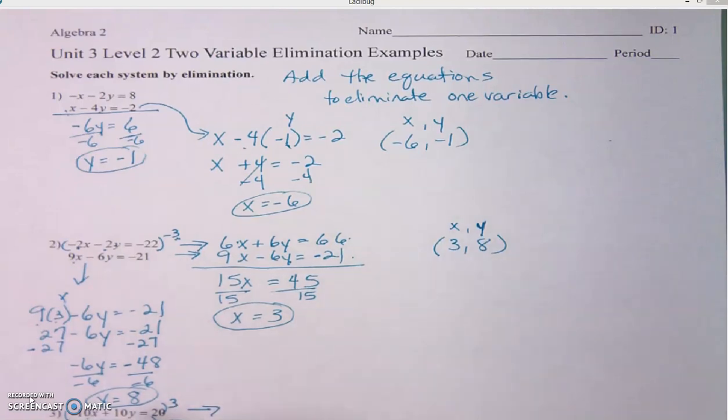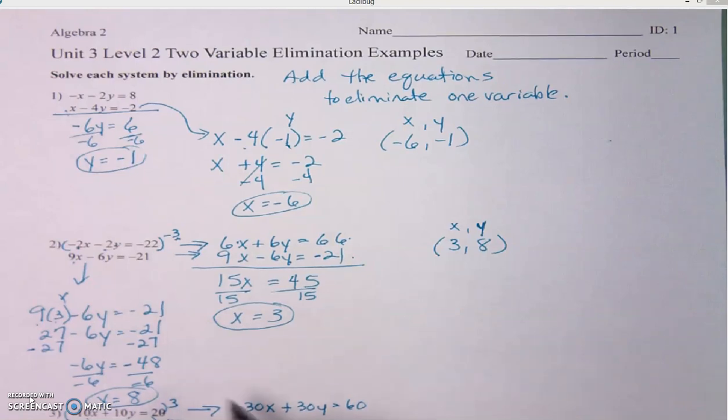So 3 times a negative 10x is a negative 30x. 3 times positive 10y is a positive 30y. And 3 times 20 is 60. Don't forget to multiply this last number. Sometimes people forget that one. Now I'm going to multiply my second equation by negative 10. Negative 10 times a negative 8 is a positive 80x.